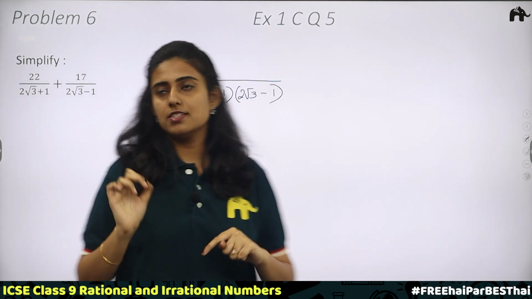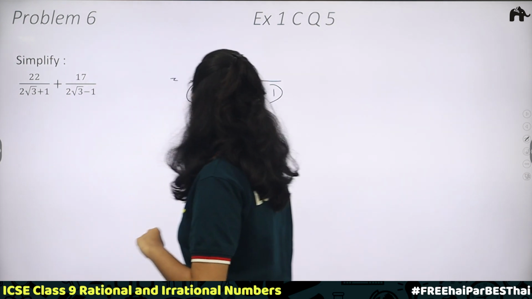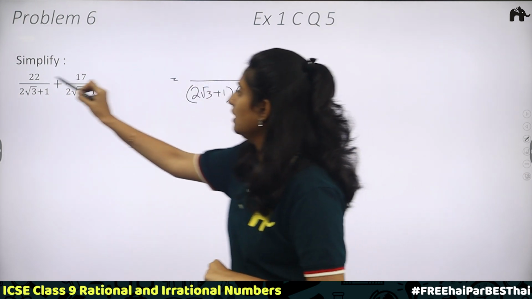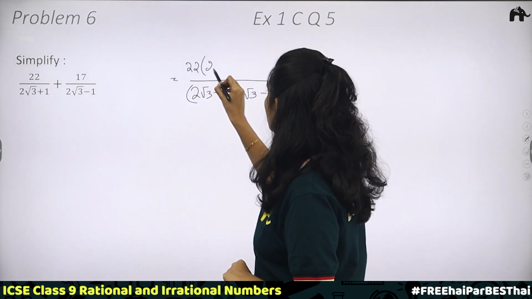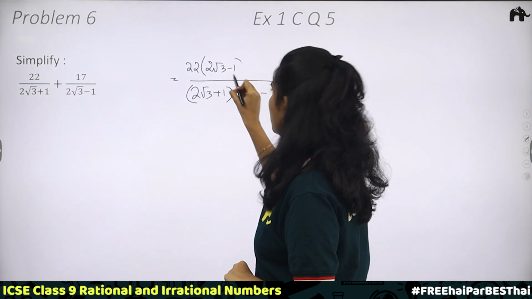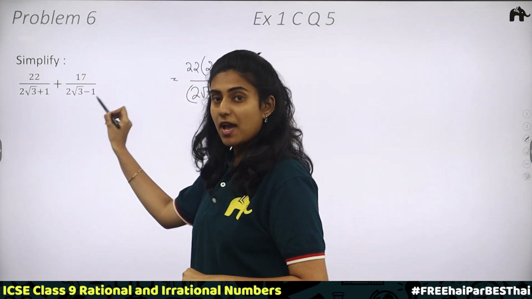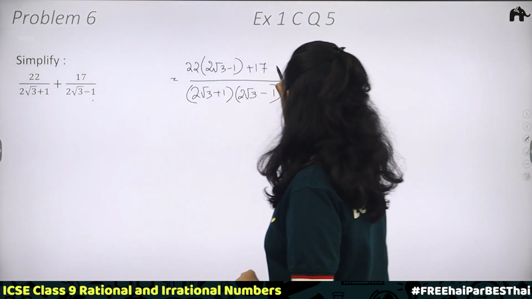Okay. Now, check the terms. So, here we have 2 root 3 plus 1. Okay. 2 root 3 plus 1 into 2 root 3 minus 1. So, this 2 root 3 minus 1 into 22 will be the first part. 22 into 2 root 3 minus 1 plus 17 into, here we already have 2 root 3 minus 1. Therefore, multiply these two. 17 into 2 root 3 plus 1.